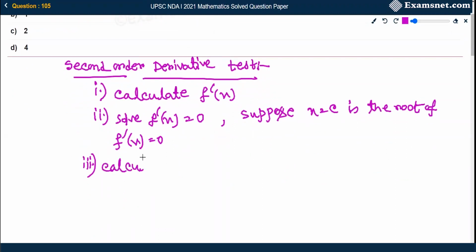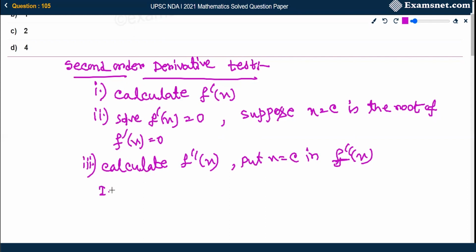After this, we put x equals c in f double dash x, and then we check the nature of f double dash c.